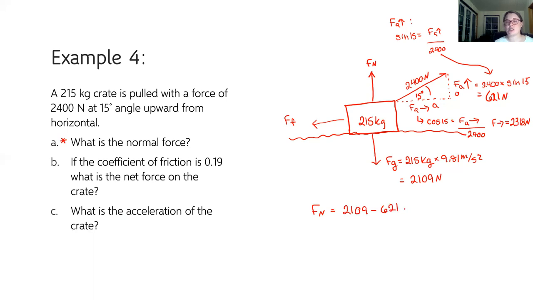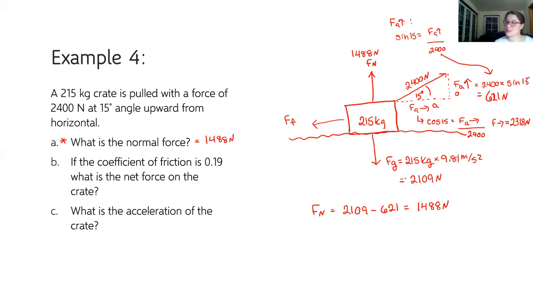So we're just figuring out how much is left over to balance, which happens to be equal to 1,488 newtons. So we can put that in. Now we can figure out the rest.